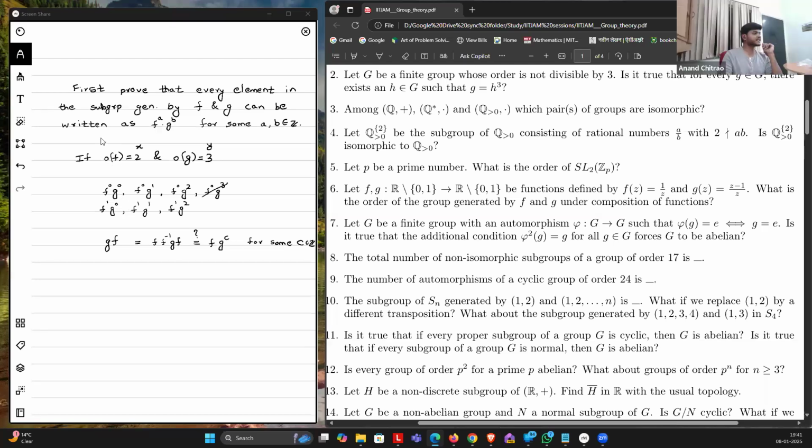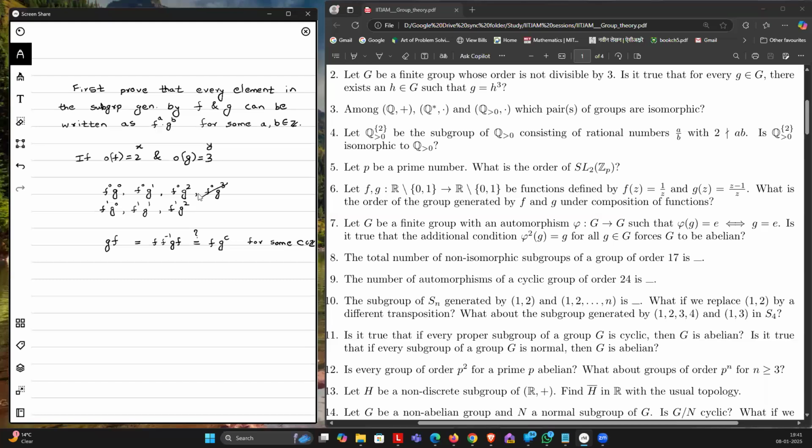So all that I'm saying is to prove this statement. How do you prove such a statement? Every element can be written as f power a, g power b. So the first question you should ask is, what about gf? If every element can be written as f power a, g power b, then I should be able to write g times f as f power a, g power b. Right?